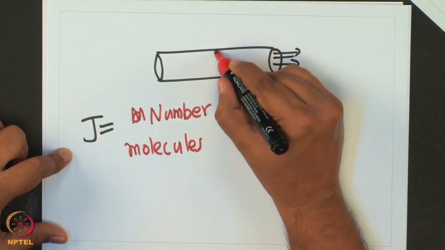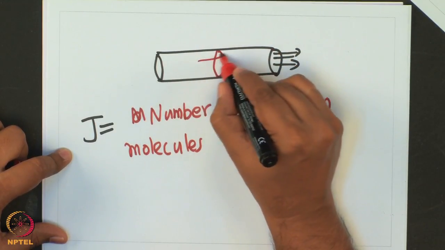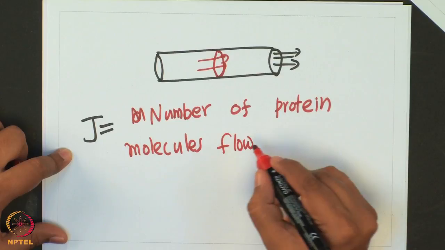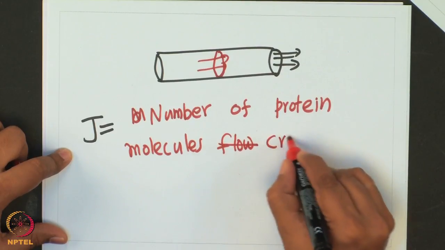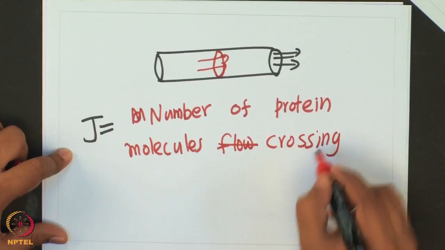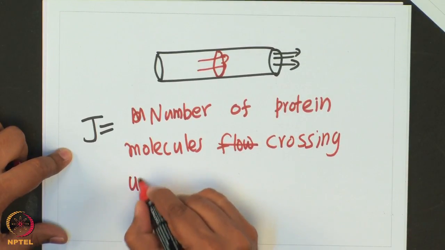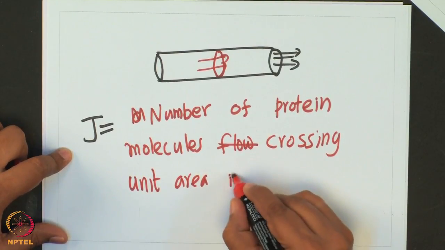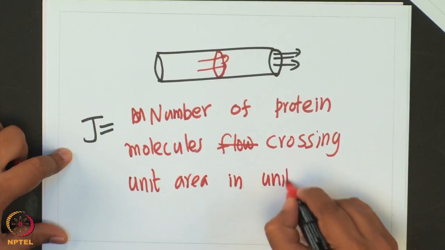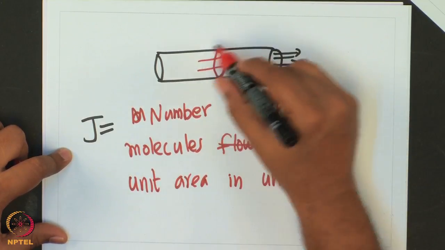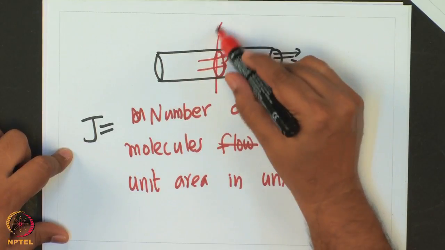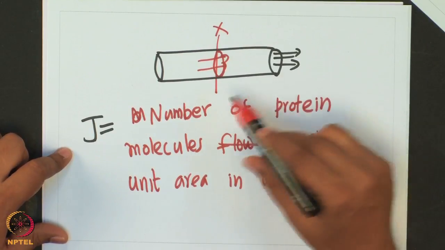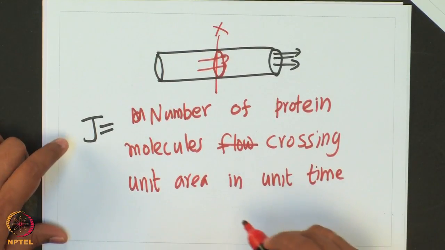That is, if I have this particular area here, how many will flow across it? So it is the number of particles crossing unit area at x in unit time. If I take a unit area at this location x, how many particles are crossing is the J.